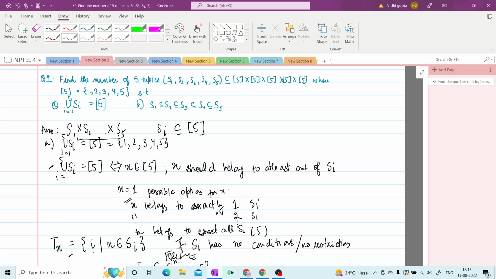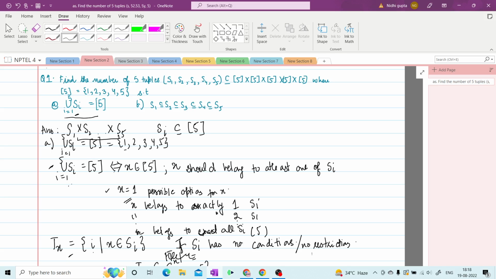Each of these Si is a subset of [5], and these Si satisfy the first condition that the union of Si is equal to [5]. Now, to solve this, the union of Si is the complete set [5] if and only if for any X, X belongs to at least one of Si.